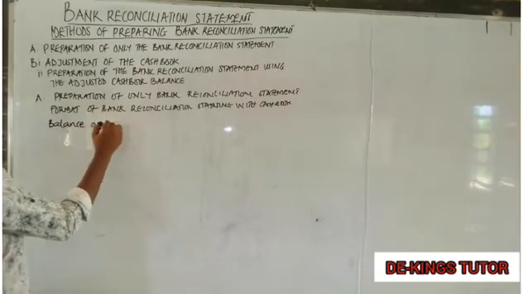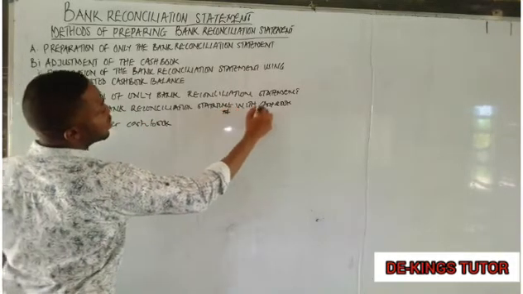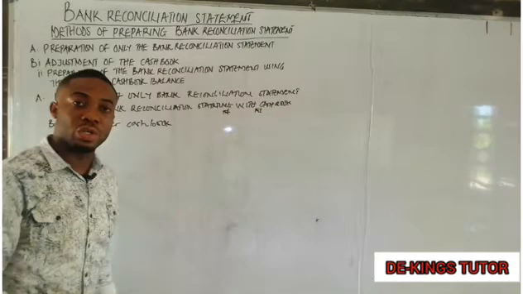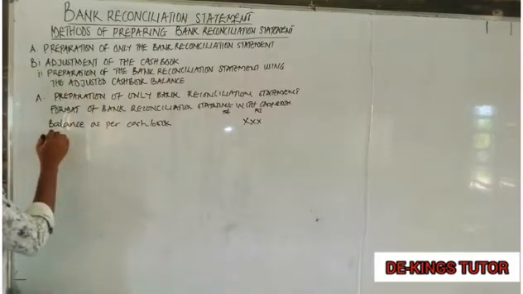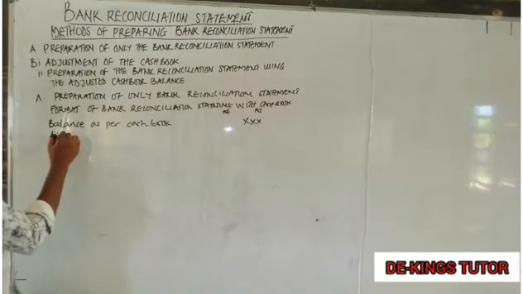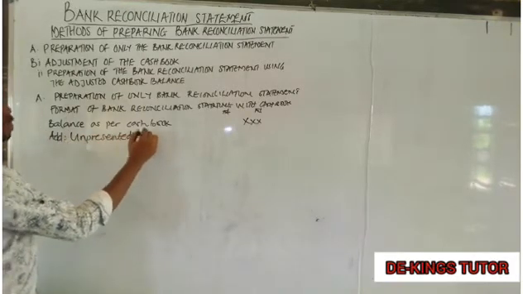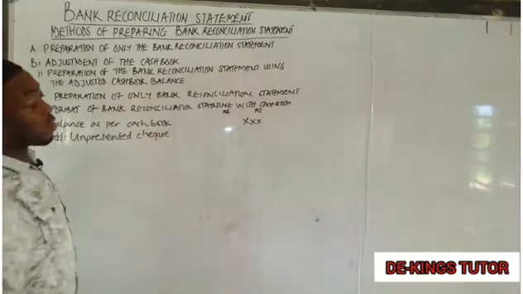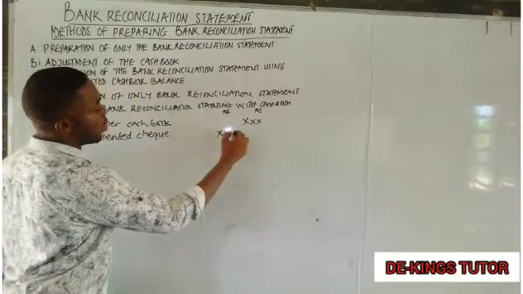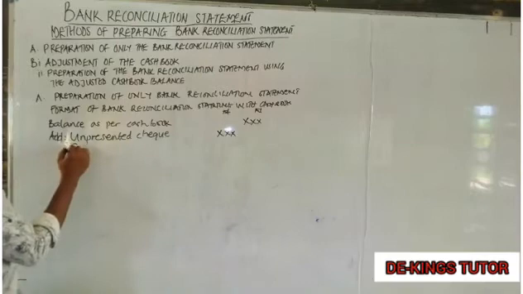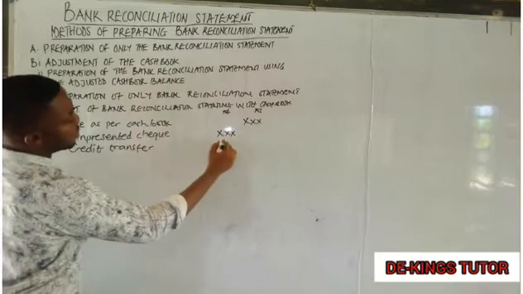We start with the balance as per cash book, that is the balance that was given, and we put the value here. The next thing you say is add. We add unpresented check. We explained unpresented check and what it means in the previous video, and I encourage you to watch that. We also add credit transfer, and we'll explain what credit transfer means. The next one is add dividend.